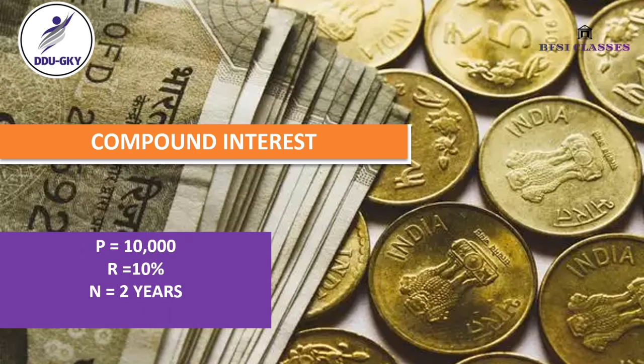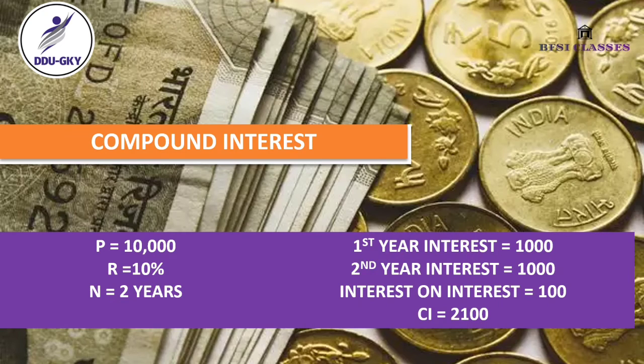Let us take the same example for the calculation of compound interest. Rahul has deposited the same amount, Rs 10,000, in a fixed deposit account for 2 years where the bank will pay compound interest at 10% per annum. After the first year, the interest he will get is Rs 10,000 into 10 into 1 divided by 100, that is 1,000.